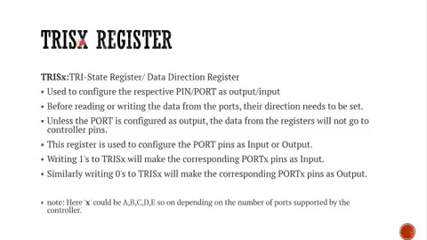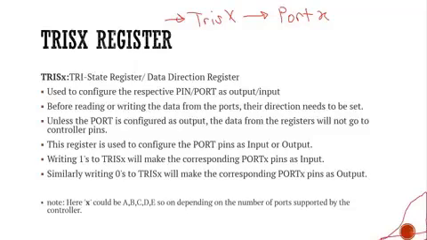So the flow of the program is that the setting needs to go to TRISX first, and after that you can go to PORTX. So you need to set it first.